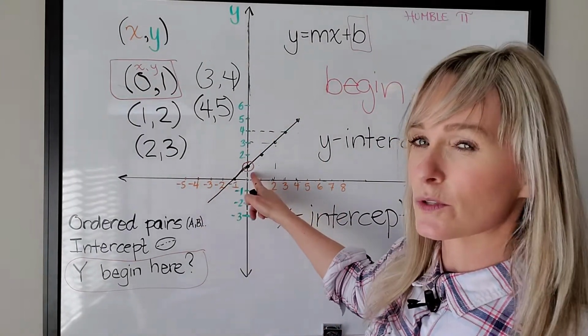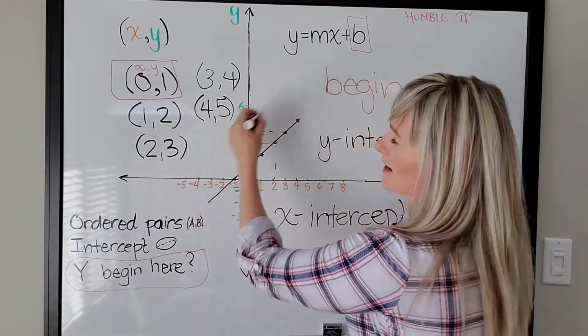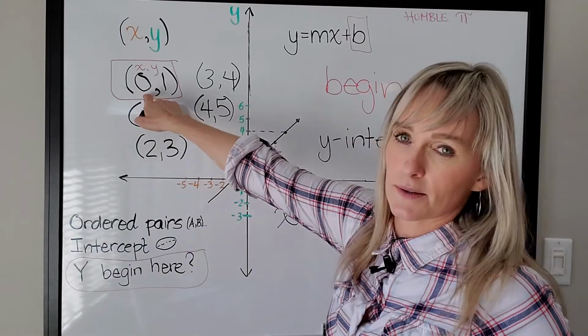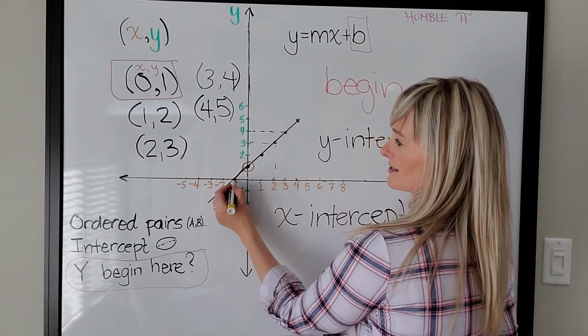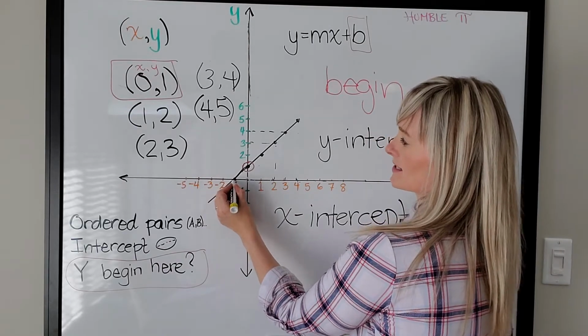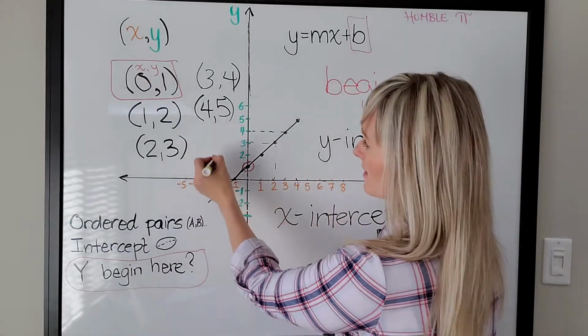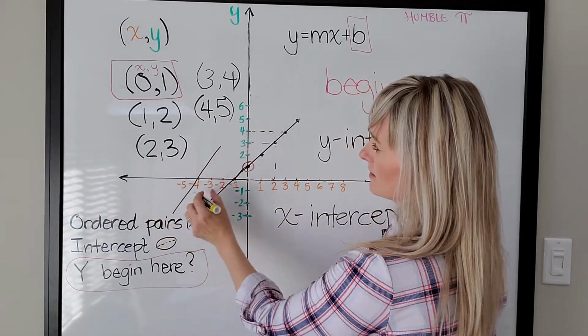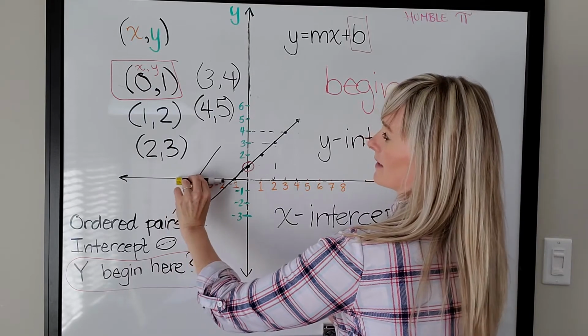Well, notice what's really interesting. Whenever a line goes through the y-axis, we said the x will be 0. So what do you think happens when you go through the x-axis? So if I go through the x-axis here, what's y? It's 0. If my line had gone through right here, what's y right here? Well, what floor am I on?